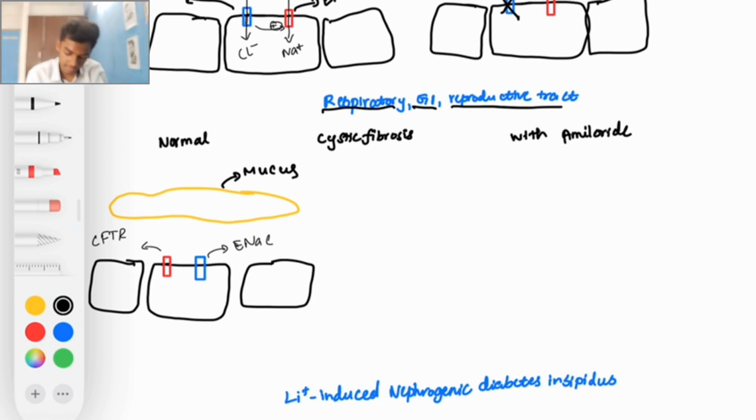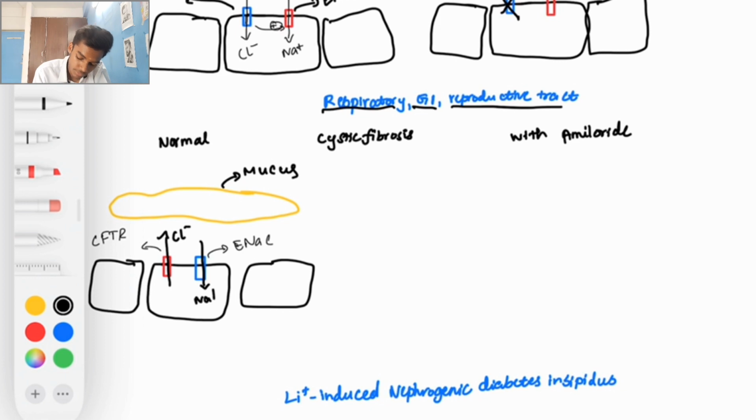Normally, there is movement of chloride from the cells out into the mucus, and there is inward movement of sodium into the cell. And CFTR will inhibit this ENaC channel.